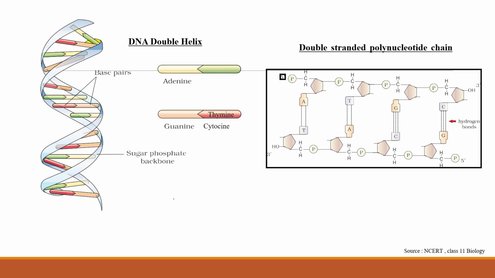Right? Now this is the double helical structure of DNA. As you can see, this sky blue part is the sugar phosphate backbone. If you look at this sugar phosphate backbone, you can see over here, this one is sugar, deoxyribose, phosphate, sugar, phosphate, sugar, phosphate, sugar, phosphate.